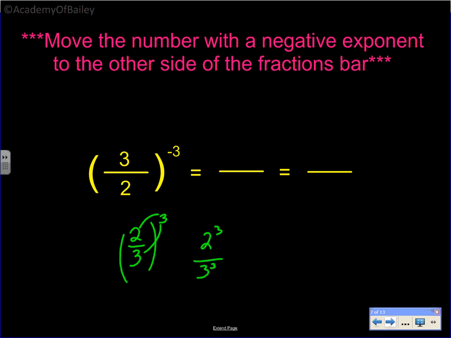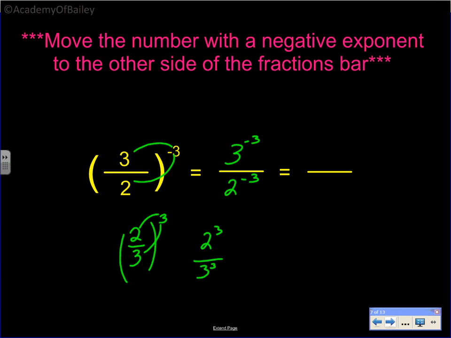Now let's go back here. If we want to take that negative exponent and it goes with both numbers in there, we're going to have 3 to the negative third power and 2 to the negative third power. Well, how do we think about this? Move the numbers with the negative exponent to the other side of the fraction bar.